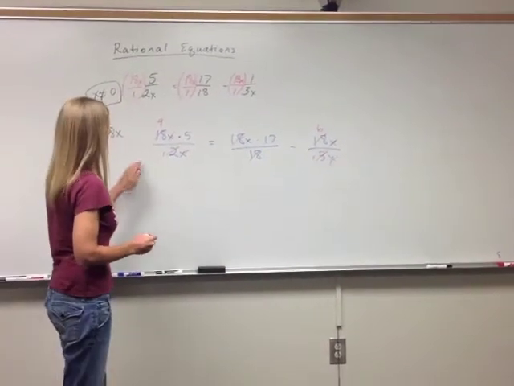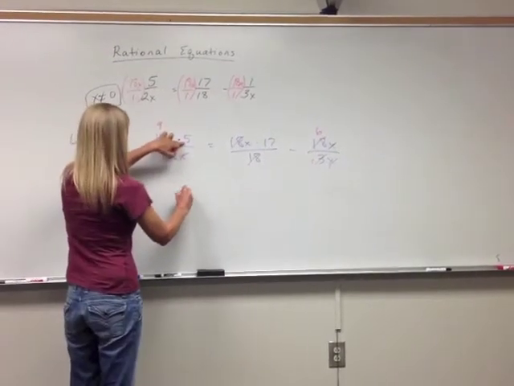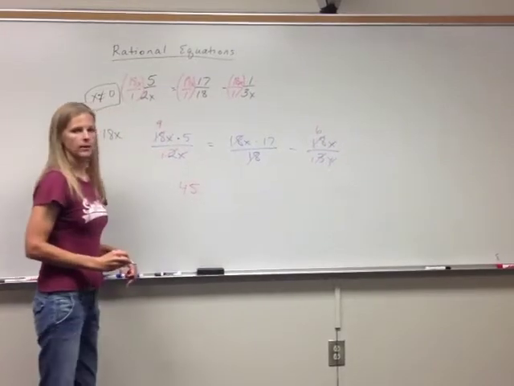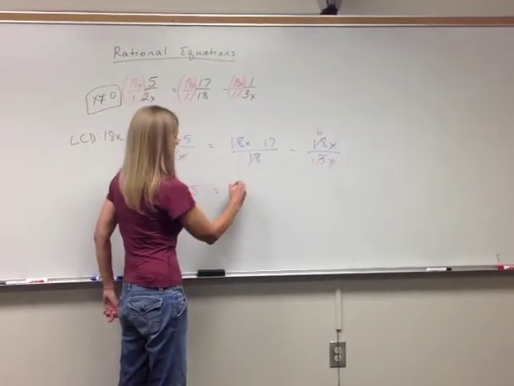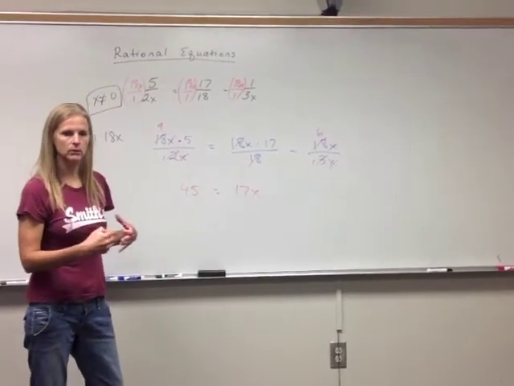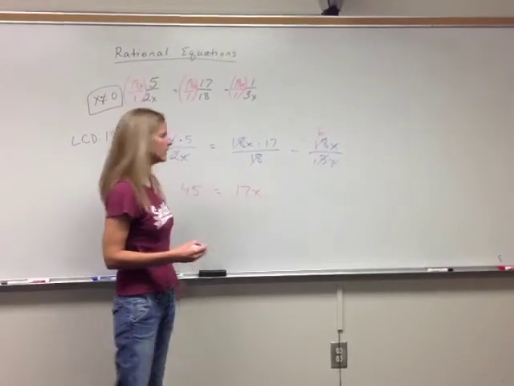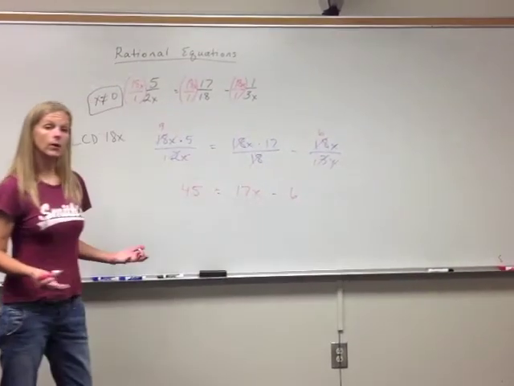And so what do we have left out of this? We have a 9 and a 5, which together make 45, equals an x and a 17, and I'm going to write it as 17x. Just keep in mind we always write the numbers first. I didn't want to write x17. Minus 6.